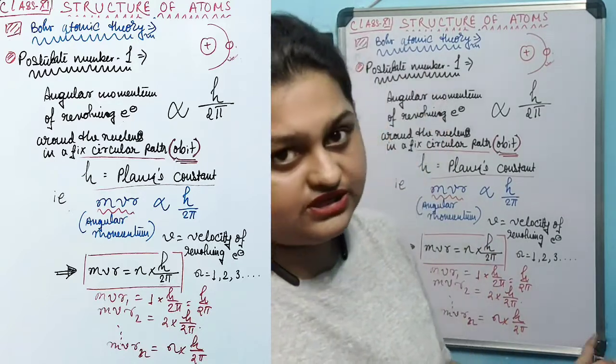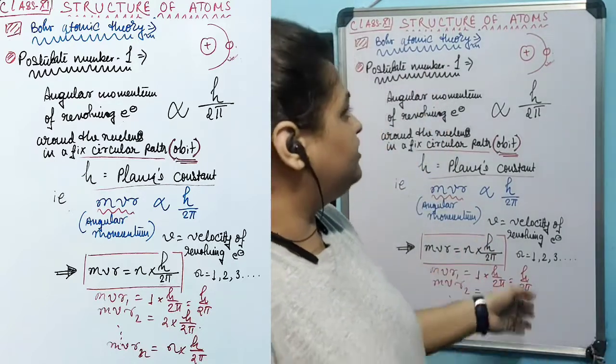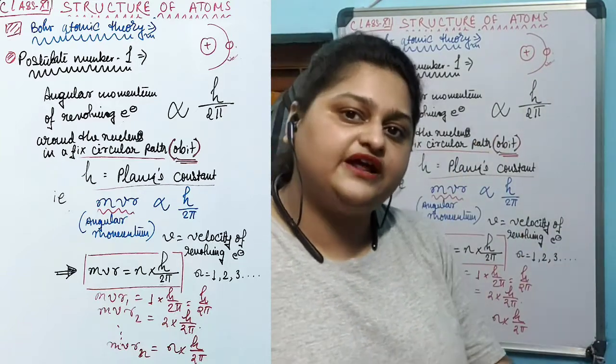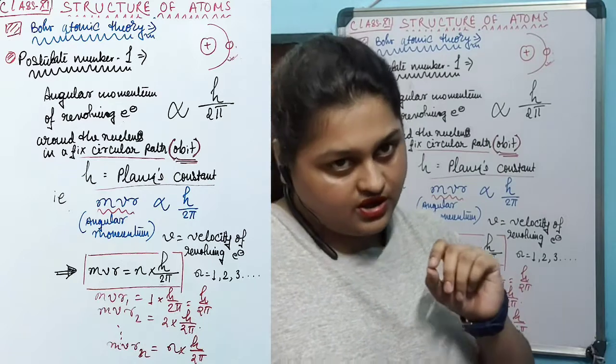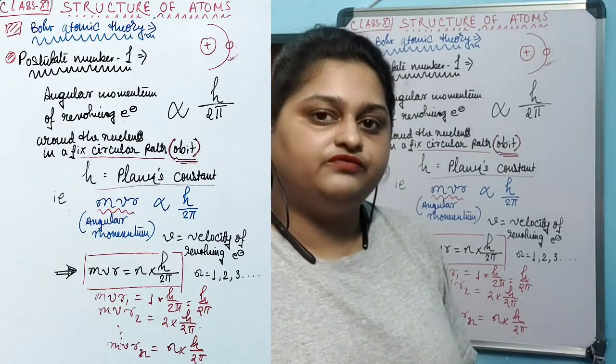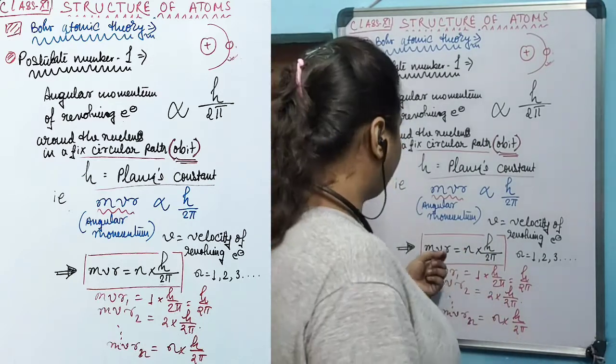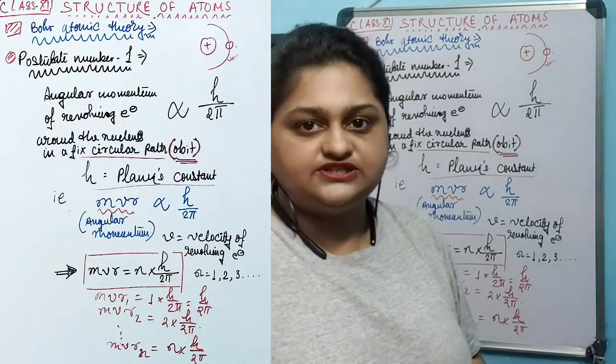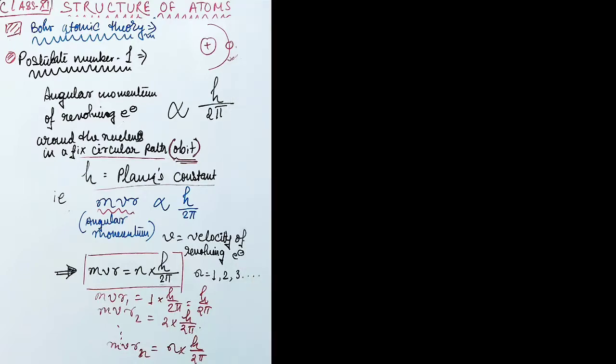So this theory concludes that the electron cannot revolve around the nucleus in any circular path. There has to be a fixed circular path for the electron revolution, which will give rise to angular momentum mvr equals n multiplied by h by 2 pi. This is the first postulate.